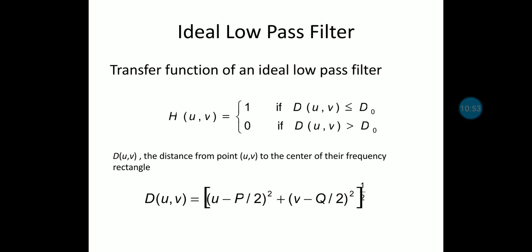So let us recall the Euclidean distance formula, because that will reflect here in the D of u comma v calculation. The formula is u minus P by 2 whole square plus v minus Q by 2 whole square, raised to 1 by 2, isn't it? So it resembles the Euclidean distance evaluation.